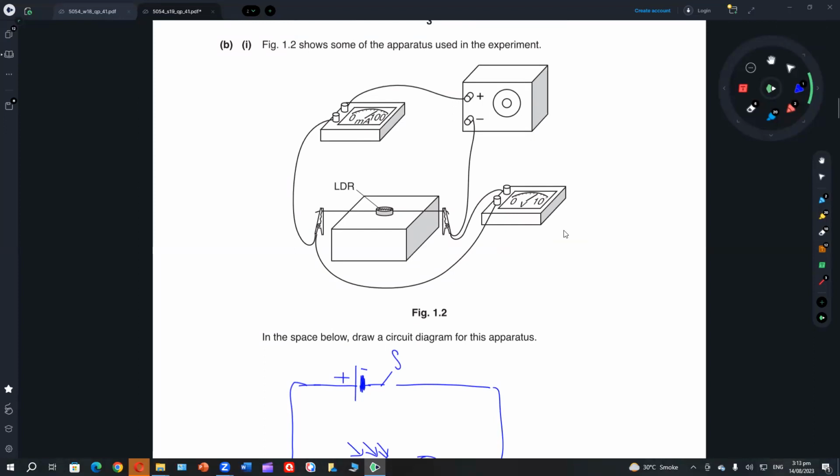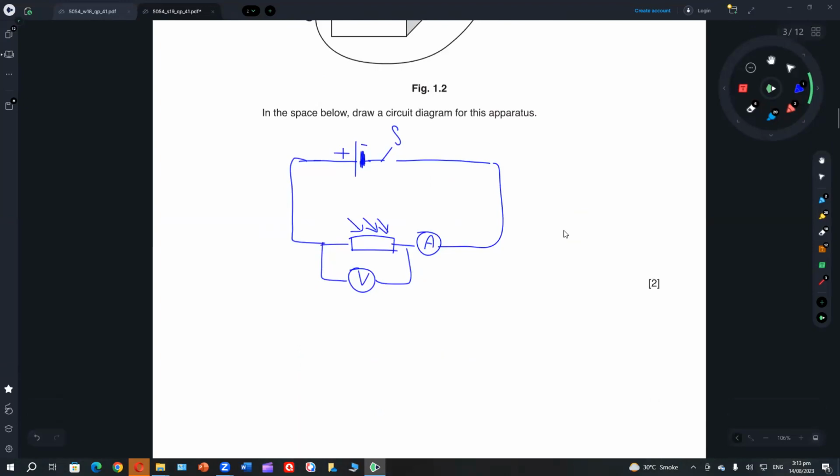There is a power source, with plus and minus. And there are two crocodile clips with the LDR, and on the right side of the LDR is a voltmeter. Okay. Done.